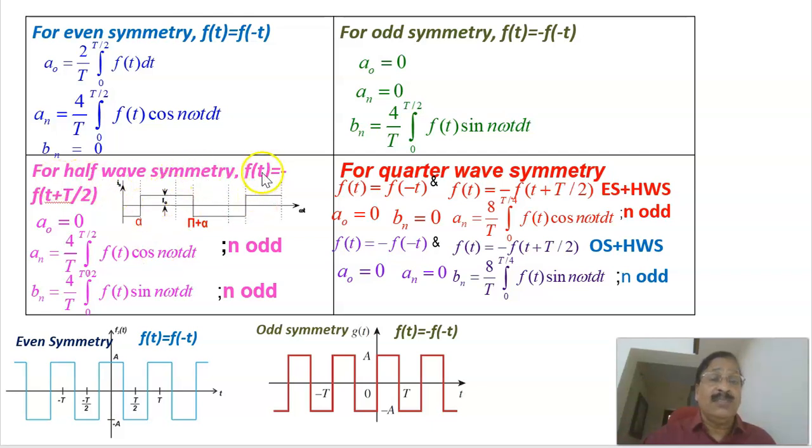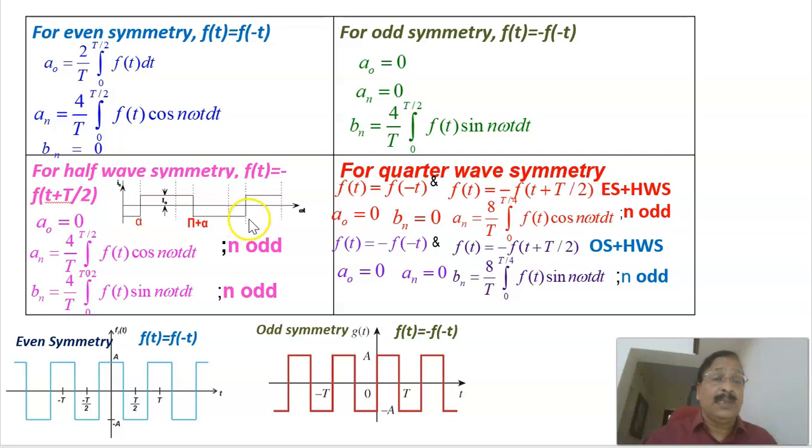For a waveform like this one, the value of the function at any instant t equals minus the value of the function at t + T/2, where capital T is the time period, that is from here to here.